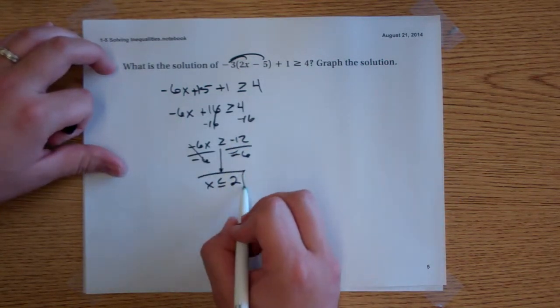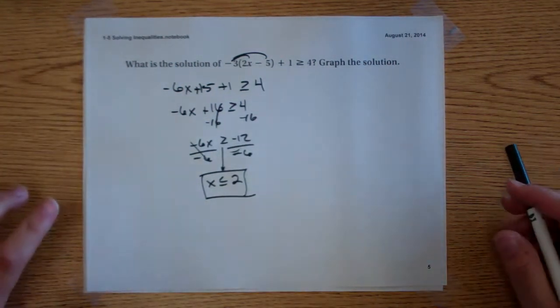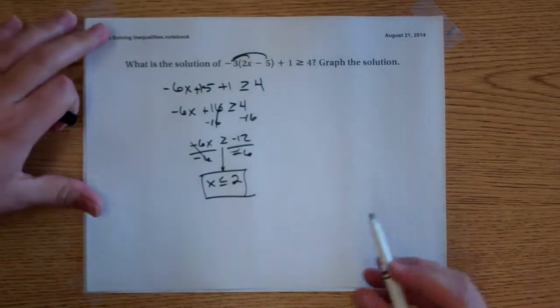All right? So this is our solution. You solve it much like an equation. The only difference is, like I said, when multiplying or dividing negatives, you have to flip your sign the other direction.